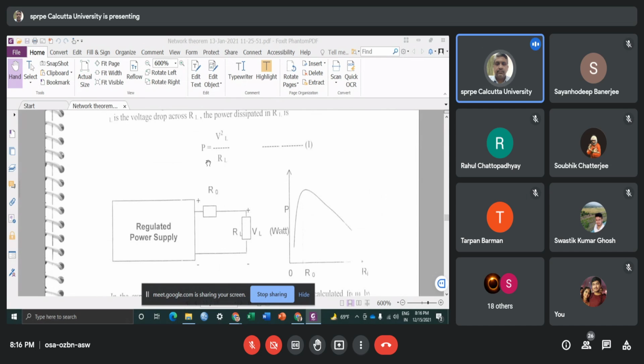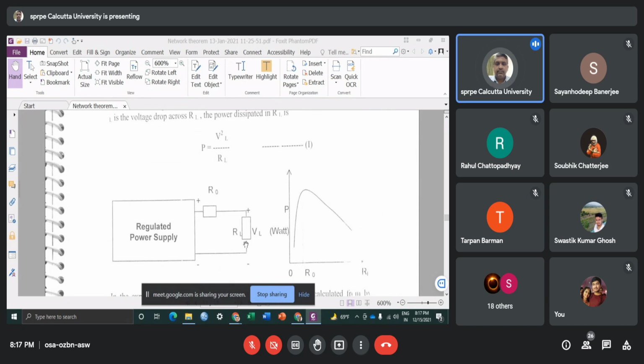The power is given by P is equal to V square by RL, and in this experiment you have to use different values of RL. You calculate the power dissipated across the load resistance, P is equal to VL square by RL.